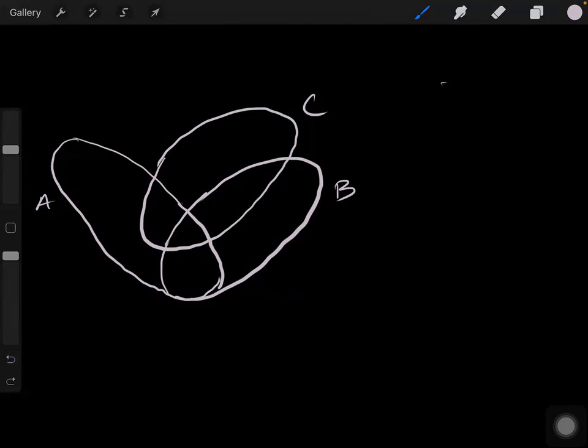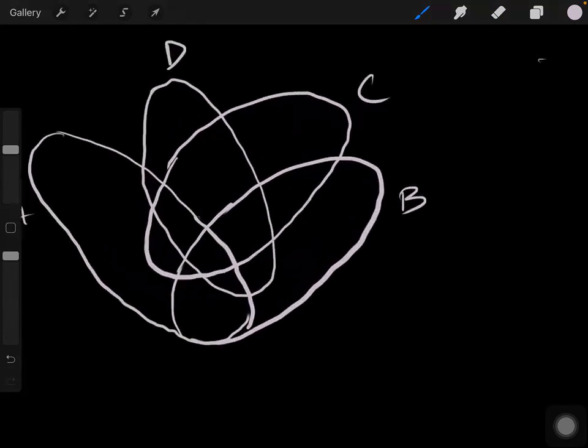So let me just give it one more shot to attempt this diagram. So it's going to go like this. There we go. So this obviously solves the problem. Let me just label the regions.